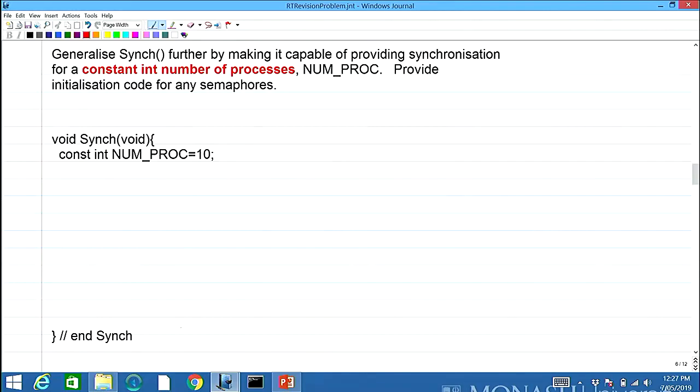So I would like you to tell me an internal variable that we need to keep track of. What is it? So what information, just imagine you are sitting inside this function and you're trying to work out what to do when some new task comes along, calls you.